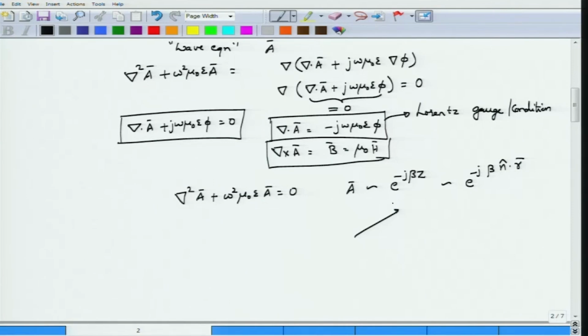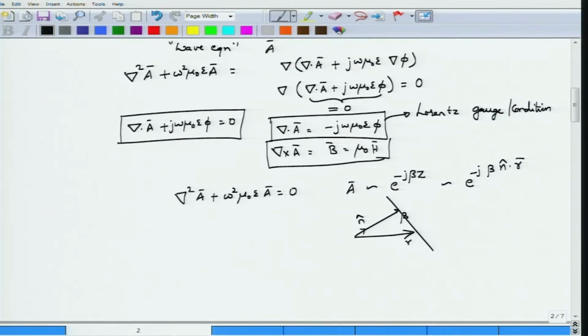So if beta is in this particular direction, then define a normal n along the direction of beta, and then for any other direction of r, the wave is waving in this particular direction, and the phase of that wave would be beta n hat dot r.